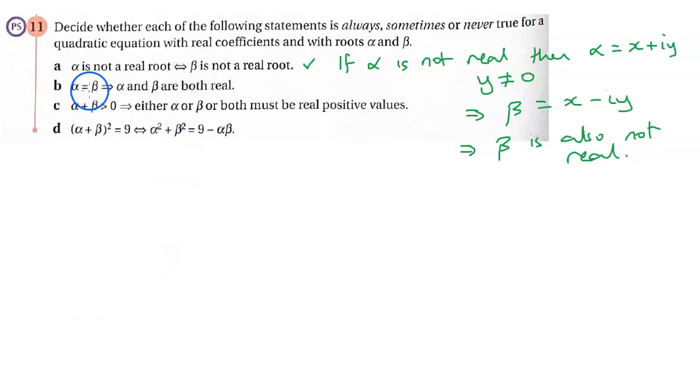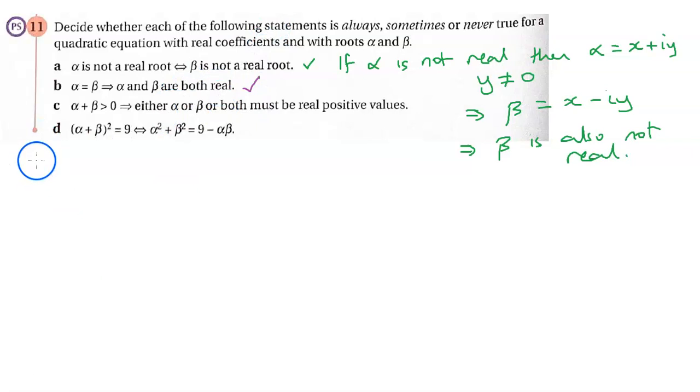And for part B, alpha equals beta implies alpha and beta are both real. Yes, this one is also correct because it is a quadratic equation, which means it can have at most 2 roots.